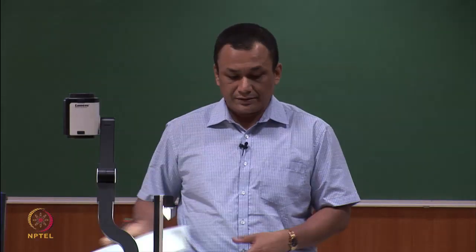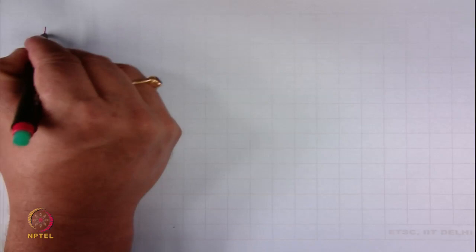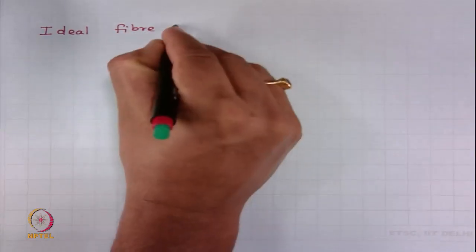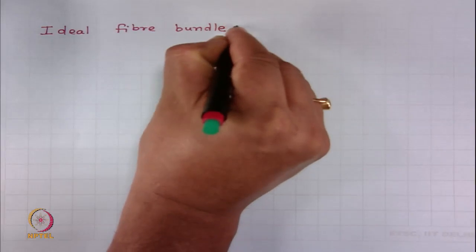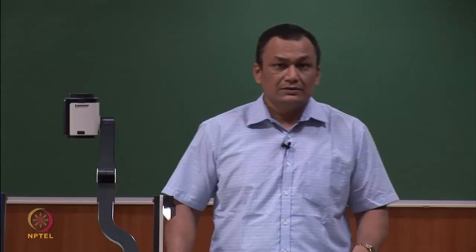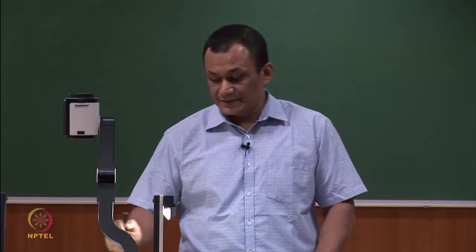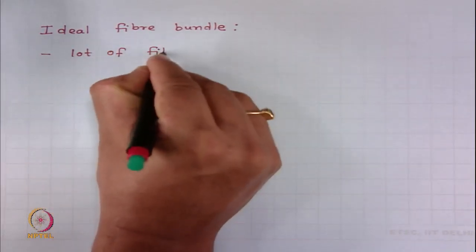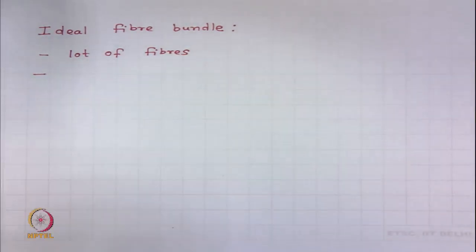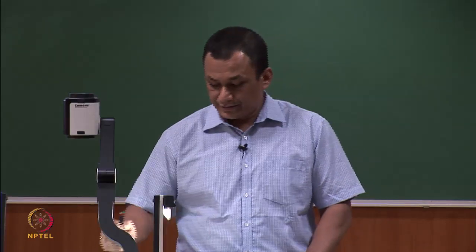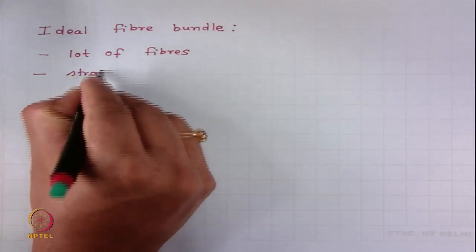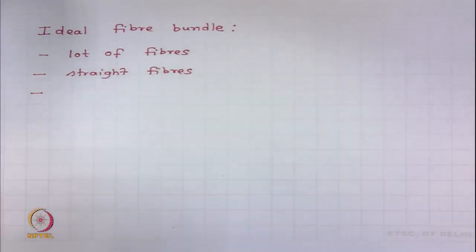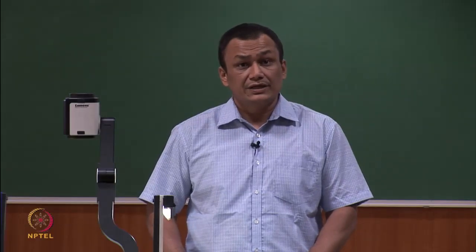Now, what is an ideal fiber bundle? An ideal fiber bundle consists of lot of fibers where the fibers are straight, they are all parallel and also they are parallel to the axis of the bundle.